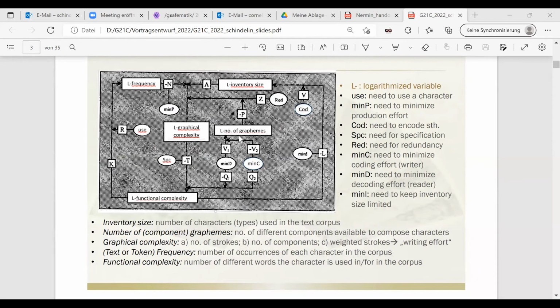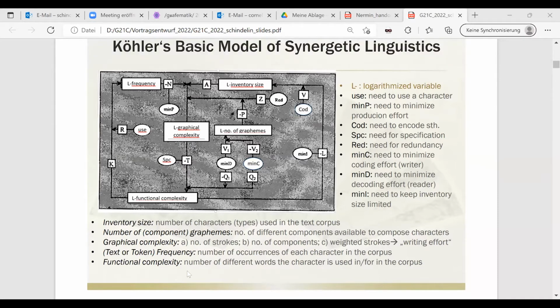Inventory size and number of graphemes, once you have a corpus, are given, but you can explore the dependencies that seem to hold within this corpus between frequency, graphical complexity, and functional complexity, which is the number of different words in this case the character is used in the corpus, as this data could be culled from the frequency dictionary.